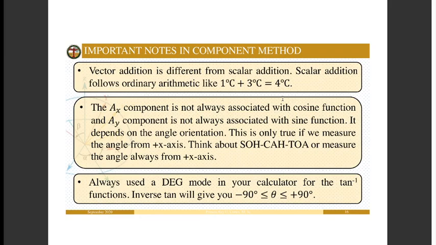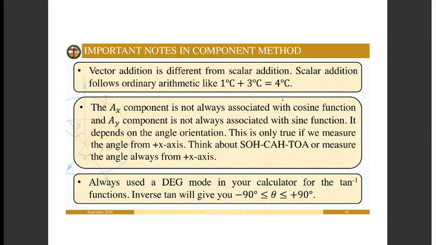But if not, then you have to think about your SOHCAHTOA rules. So, think about SOHCAHTOA or measure the angle from the positive x-axis. It depends on you; we have the same answer. There are many ways to kill a chicken. That's what I meant.